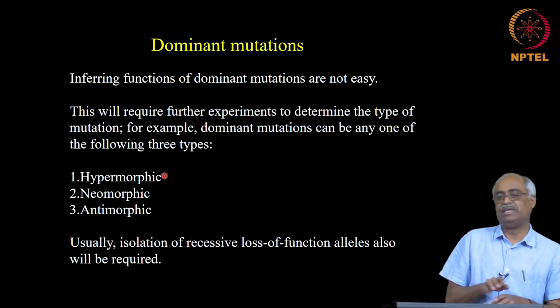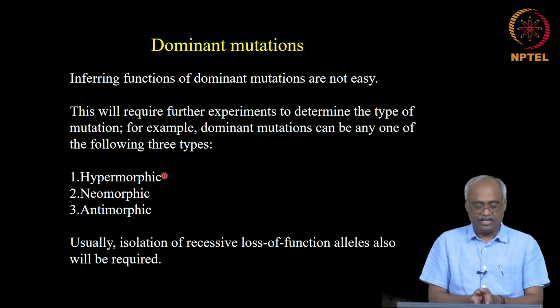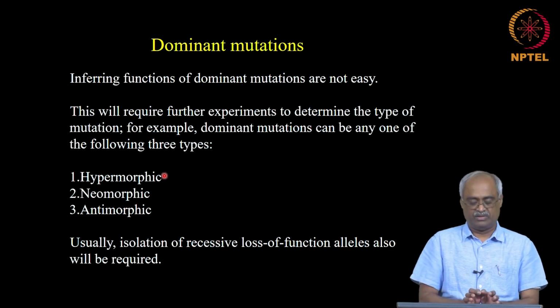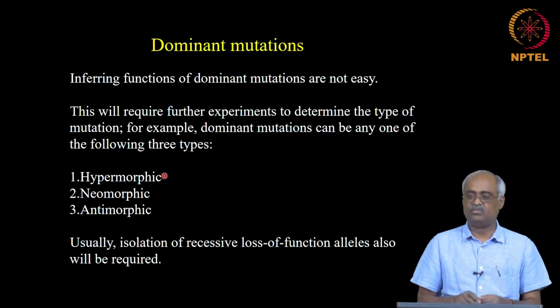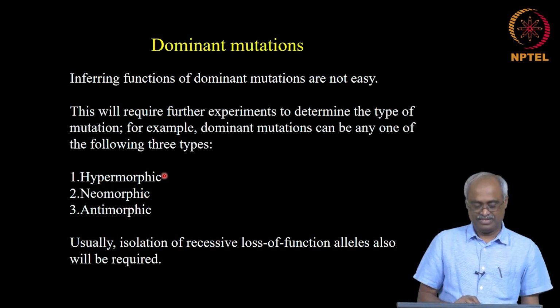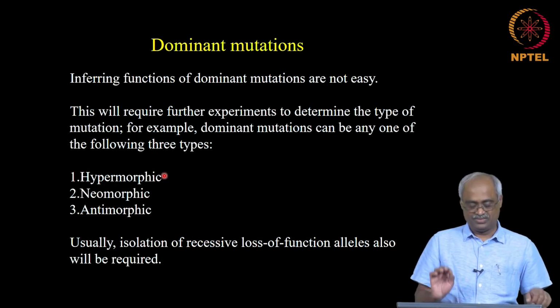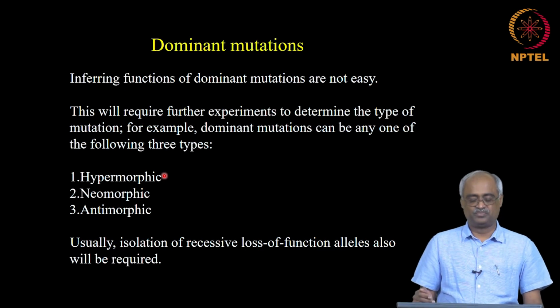So, usually to settle clearly on things like the wild type function of that gene, you need to get recessive loss of function alleles as well. Okay, we will stop here. In the next class we are going to continue on this.